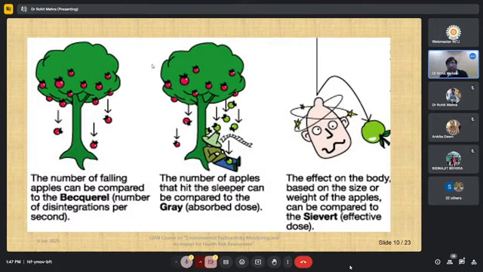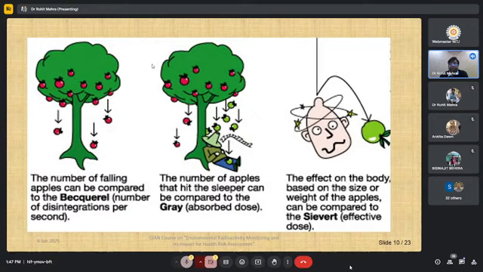Sometimes we say Becquerel, sometimes we say Gray, sometimes we say Sievert. You could imagine from this figure that if you are only measuring the natural radioactivity, that is the disintegrations per second, it is measured in terms of becquerels.